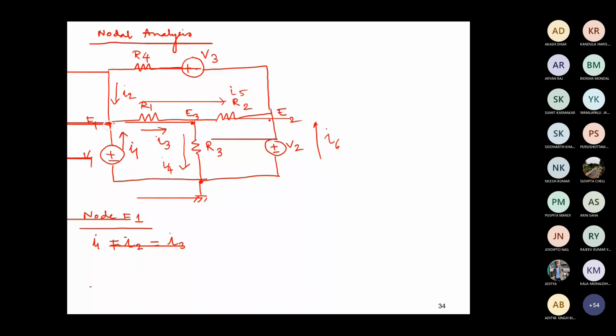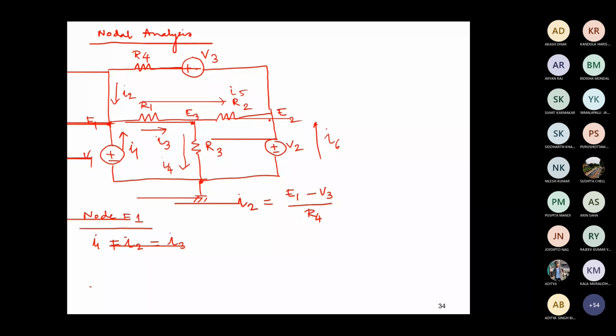So where will be the difference? There will be I2. I2 will be equal to E1 minus V3 divided by R4, isn't it? Because E1 is having one potential, V3 is another potential, between that there is R4, so there will be an IR drop. So E1 can't be equal to V3. That is why we can write E1 minus V3 divided by R4.